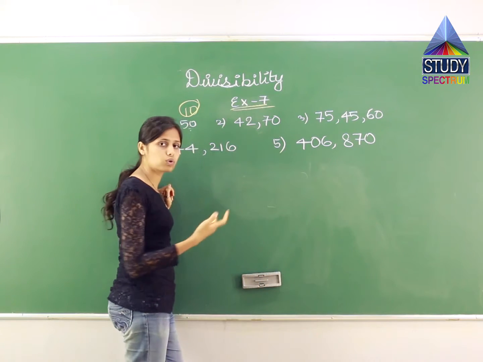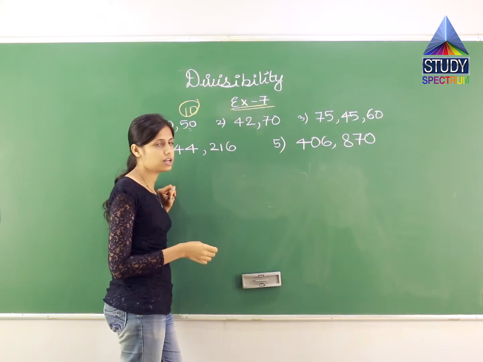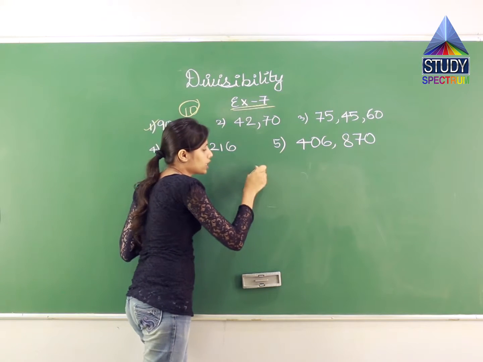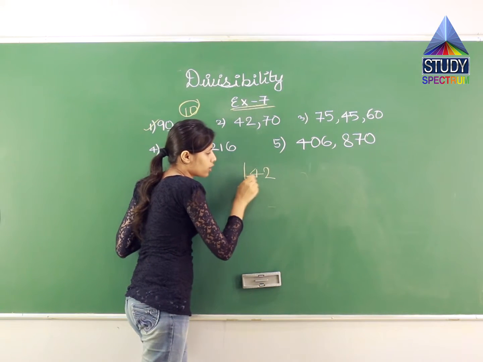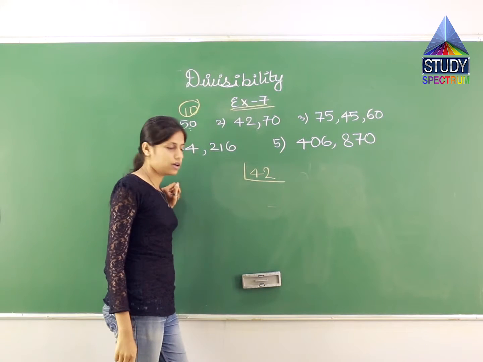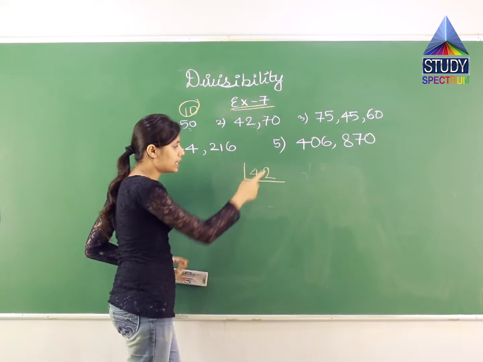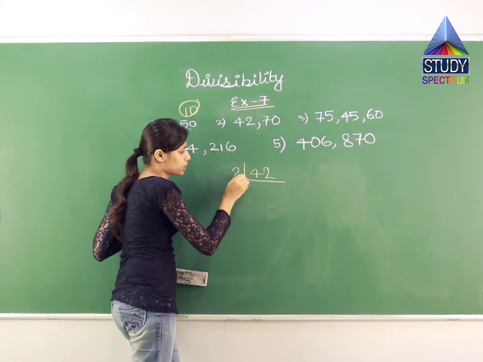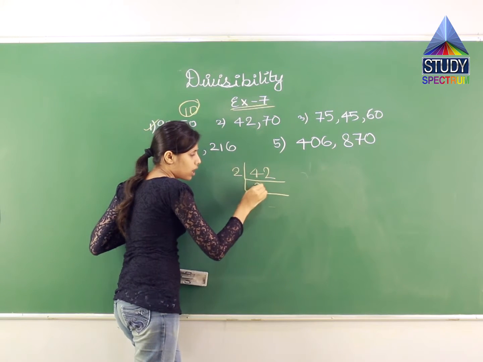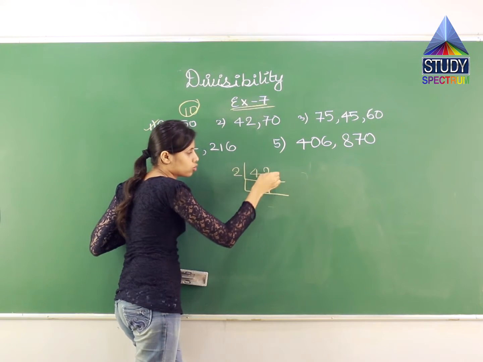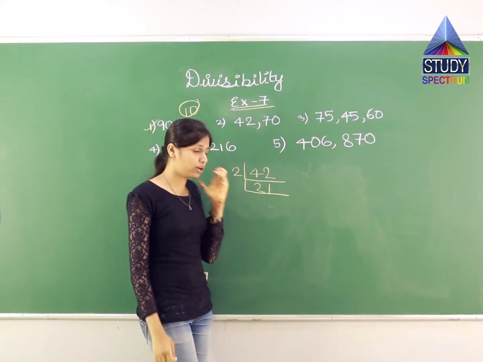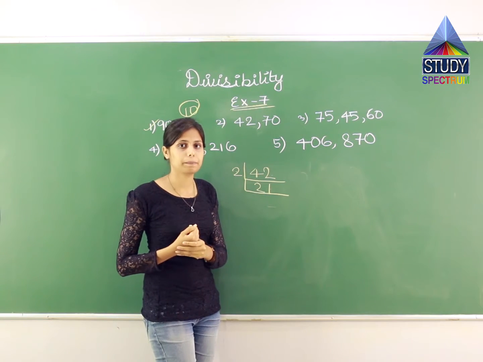So let us understand how to find GCD by factorization method. Over here I have 42. I'll put this 42 in factorization bracket, right? फिर ये 42 2 से divisible है, तो मैं बाहर 2 लिखूँगी. 2 2s are 4, 2 1s are 2. I got 21. Now tell me 21 किससे divisible है?